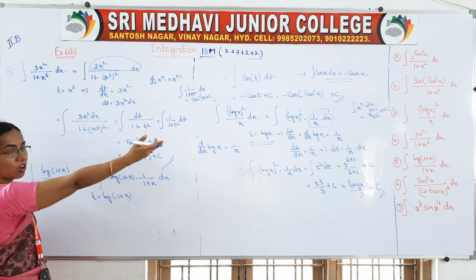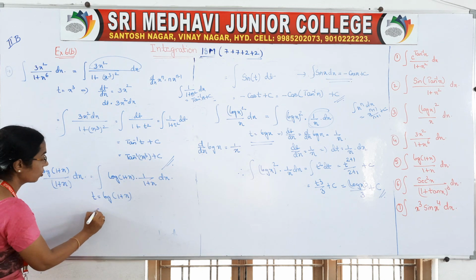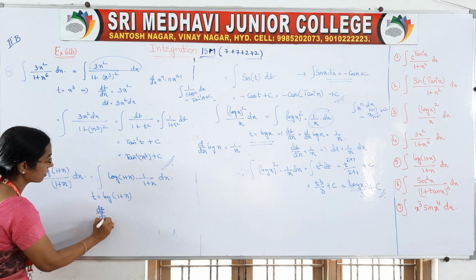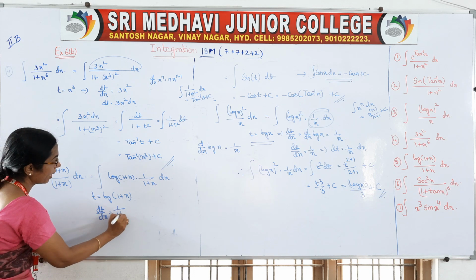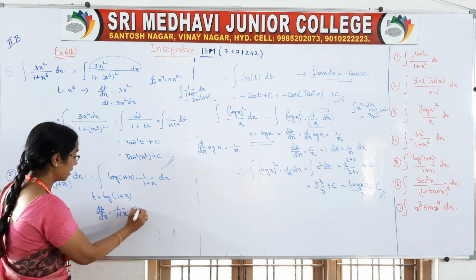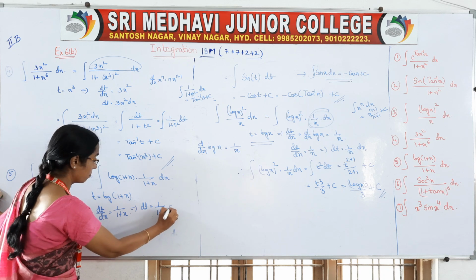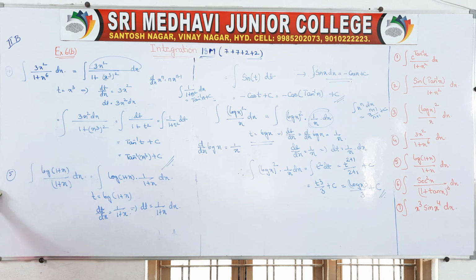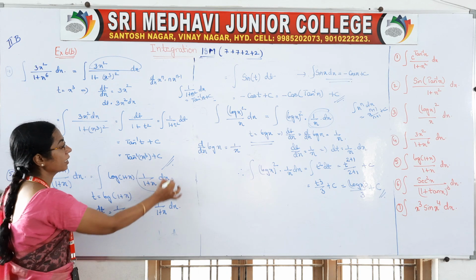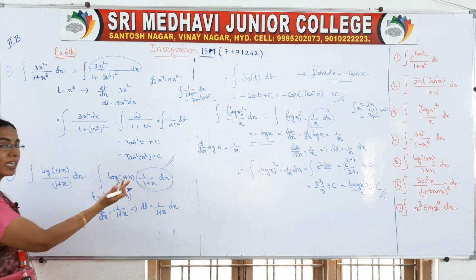So d by dx of log of any value is 1 by of that value. So dt by dx is equal to 1 by of that value. Send dx that side, then you will have dt is equal to 1 by 1 plus x into dx. So observe in the problem we got this value as dt and this is nothing but your t.